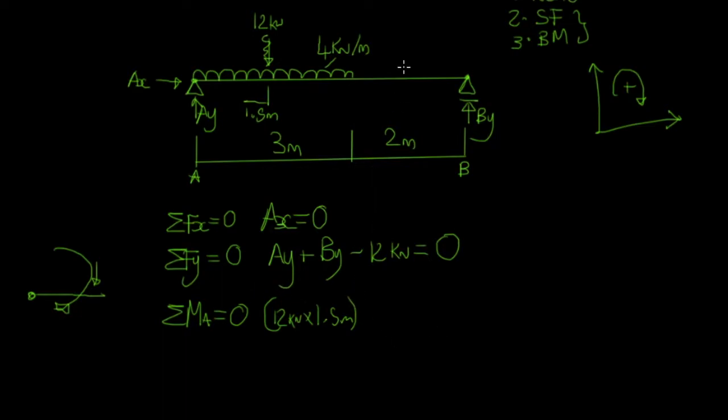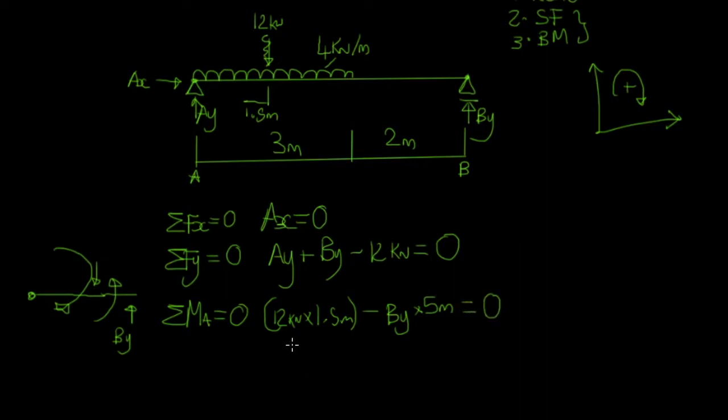If we move further along the beam, we've got no load, but then when we get to reaction B, we've got reaction BY pushing the beam back round again in the anti-clockwise direction, so that's going to be negative. So we've got BY, and that's acting a total of 5 meters away, so the lever arm's 5 meters. And then all of that equals out to 0, as we said before.